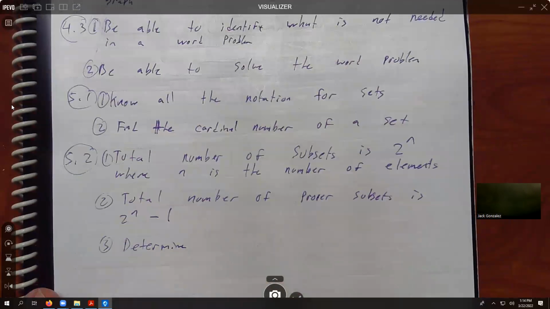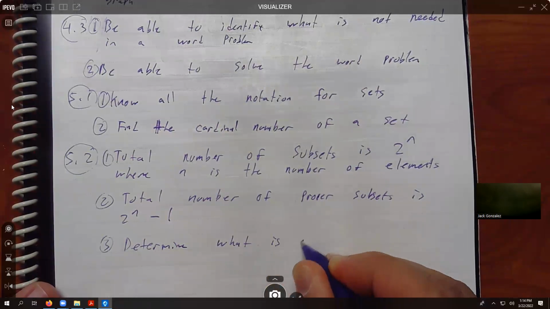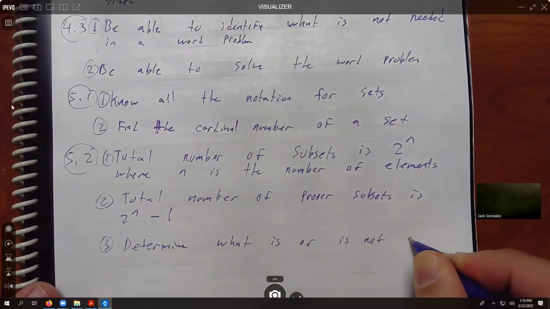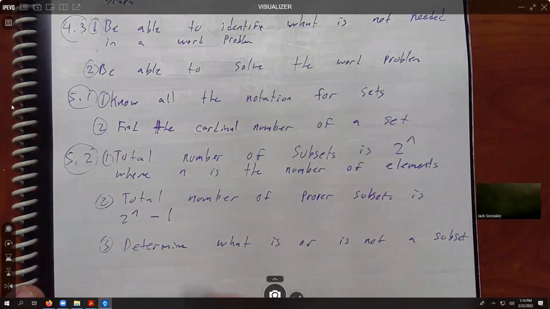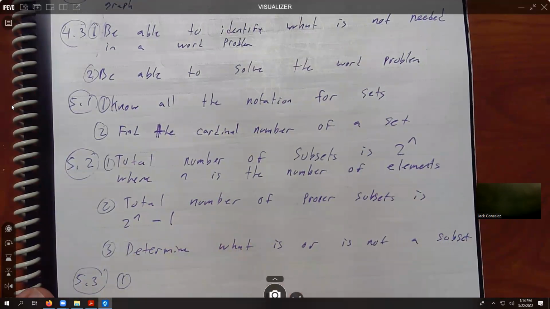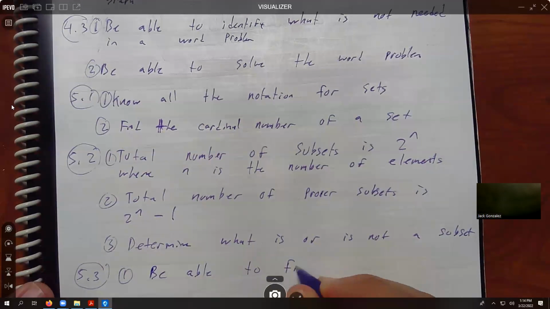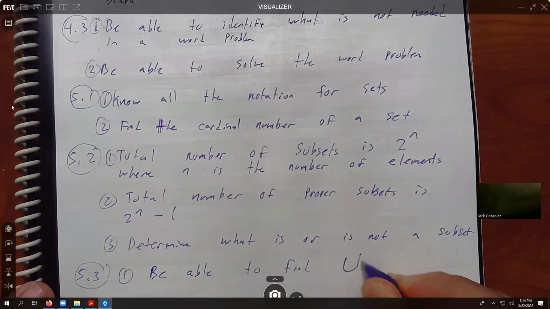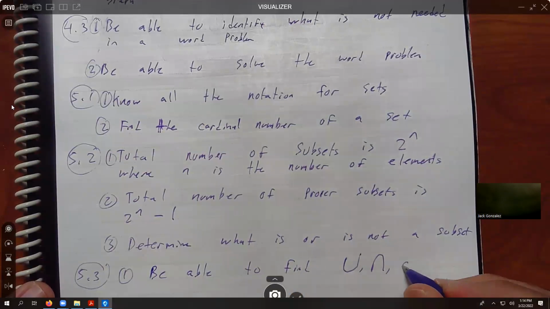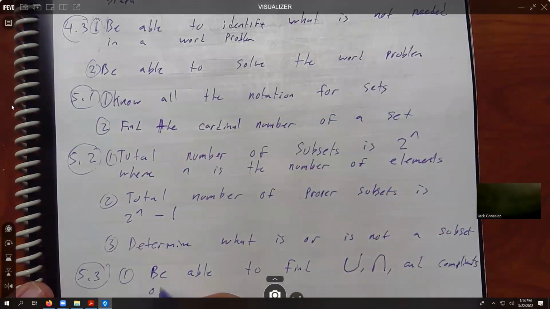All right, let me try to finish off 5-2 here. Determine what is or is not a subset. Then 5.3. Be able to find the union, intersection, and complements of sets.